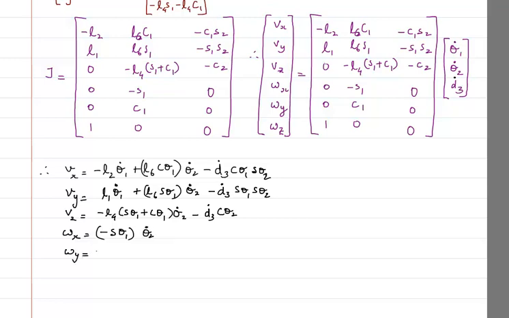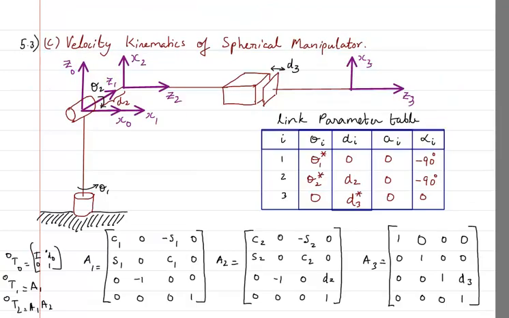Omega y is going to be cos theta 1 into theta 2 dot, and finally omega z is just going to be based on theta 1 dot. So that is the velocity kinematics of a spherical manipulator. Thank you.